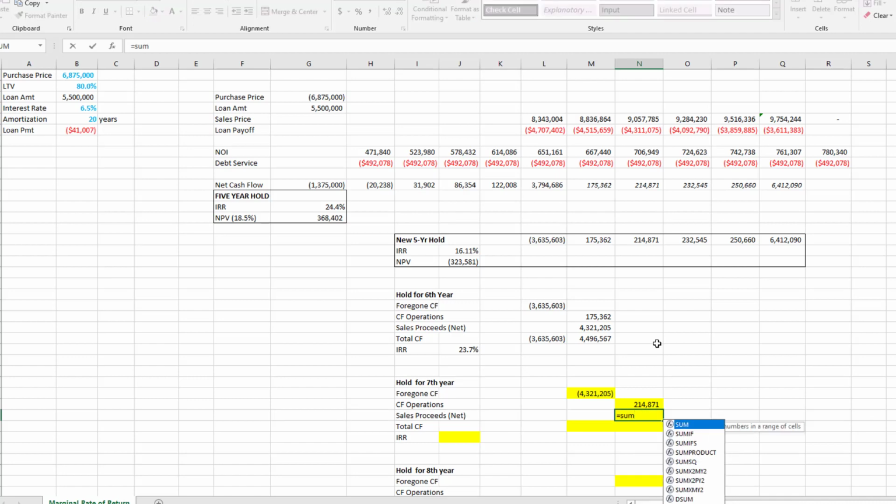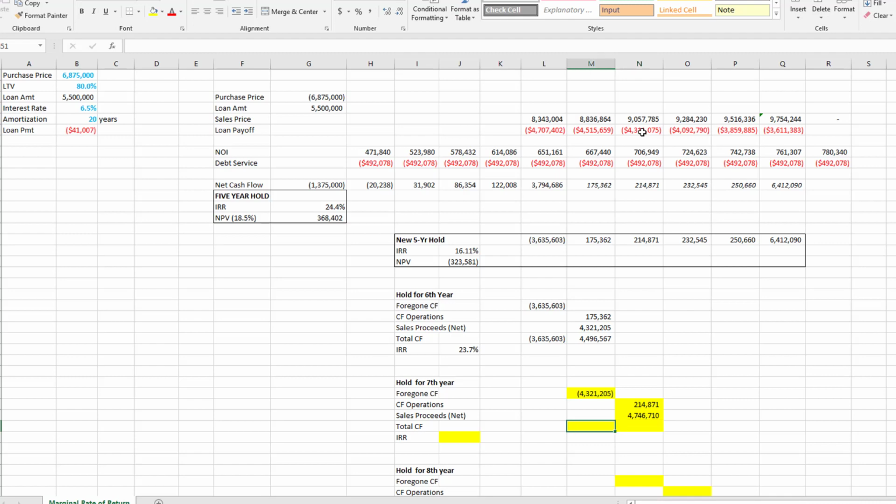If we sell the property, the net sales proceeds are going to be the sales price less the loan payoff, and so we would collect $4,746,000. My total cash flows are going to be the sum of all of these numbers, and so we're giving up $4,300,000, but we're collecting almost $5 million by holding it that 7th year.